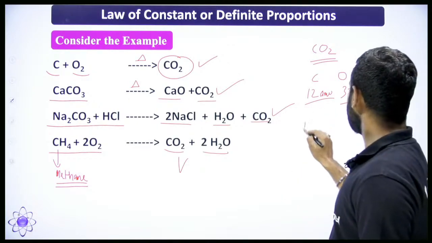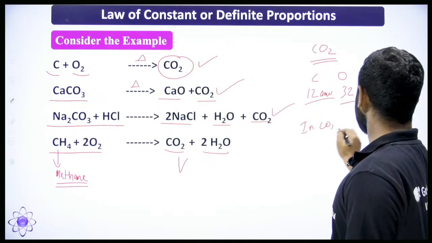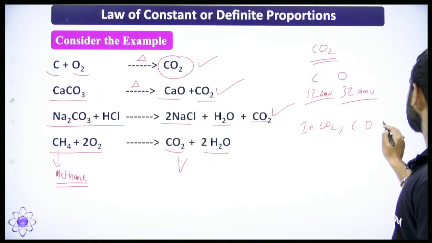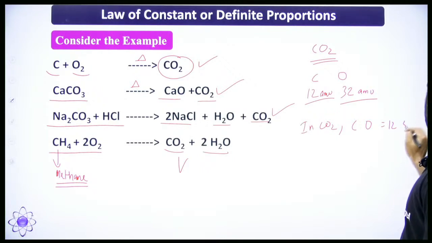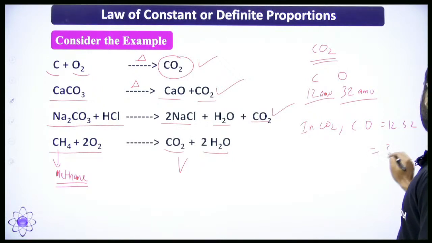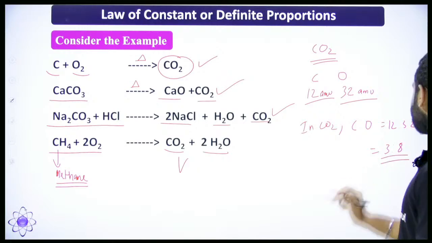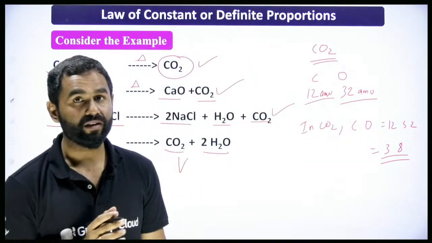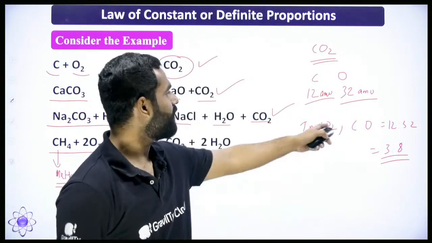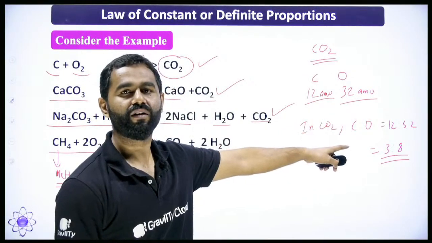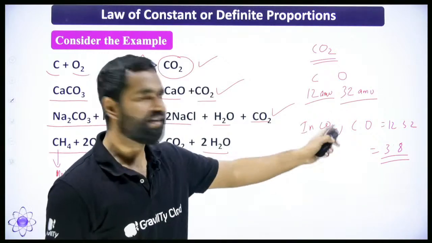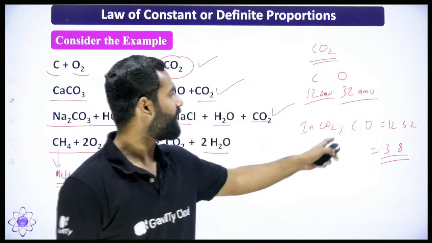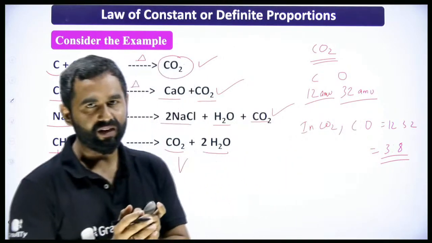Right? So in CO2, the carbon to oxygen mass is in the ratio of 12 is to 32, which is equal to 3 is to 8. Simple. So in carbon dioxide, the ratio of total mass of carbon and total mass of oxygen will always be equal to 3 is to 8.